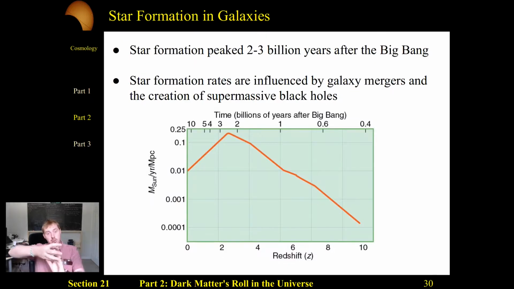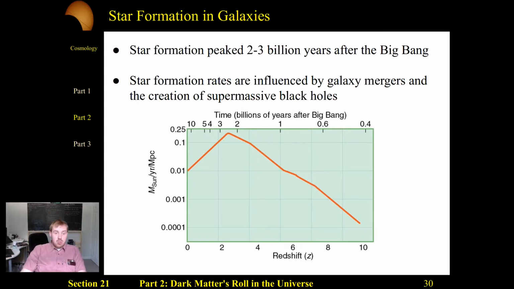This is another way to visualize this plot. And so you're looking at redshift, effectively distance, or on the top scale, time in billions of years after the Big Bang. And basically, what is the number of stars forming as things go on?